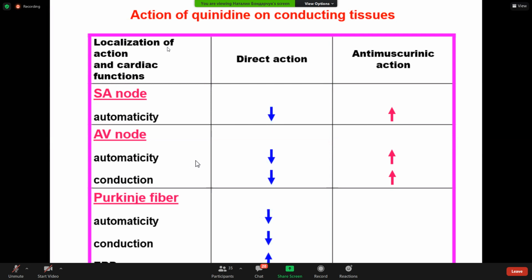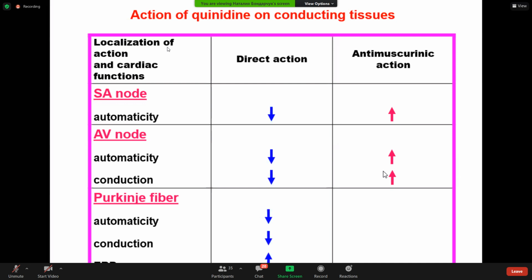AV node action. The same, opposite directions of influence. If we are speaking about sodium channel blocking, it reduces automaticity of the AV node, and it reduces conduction, increased duration of the third phase.